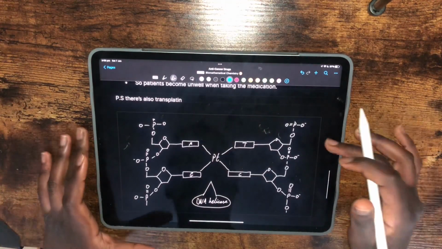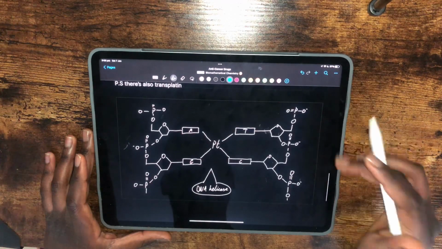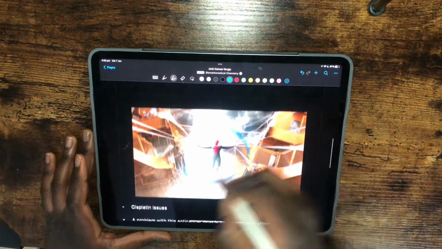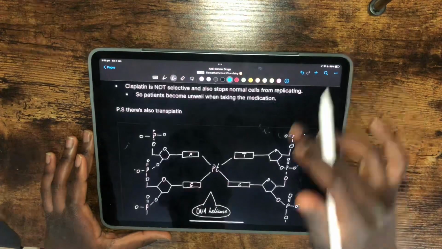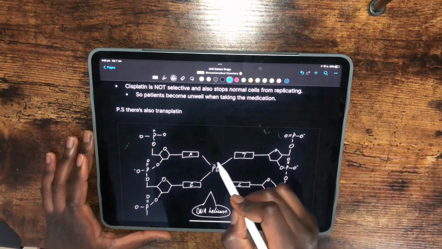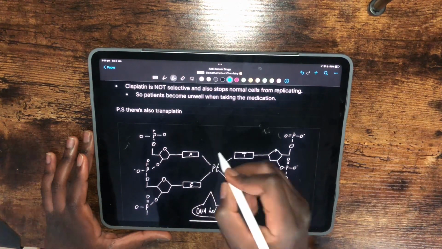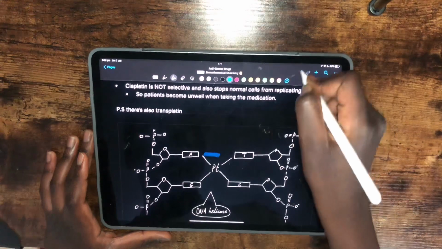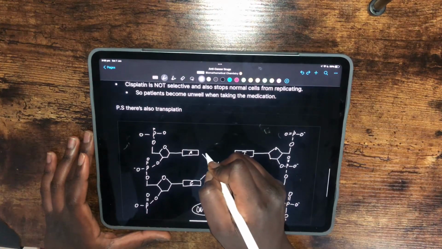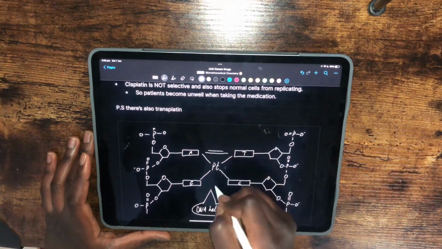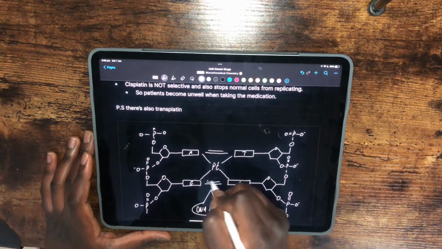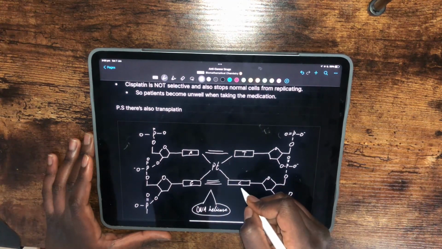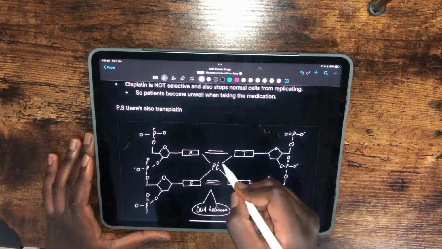Right. So here's what cisplatin would actually look like. This is an example of what I was trying to say, of what will be going on. You'd usually have your two hydrogen bonds here, free for cytosine and guanine, but you can't have that here.